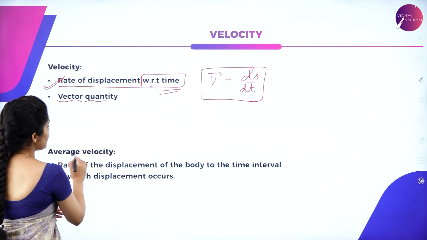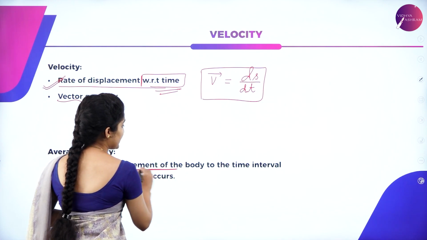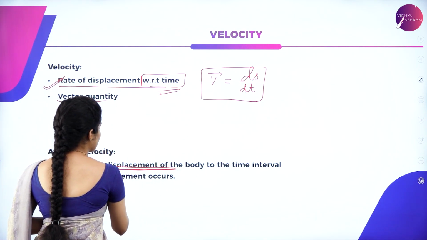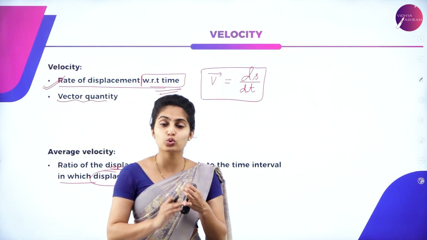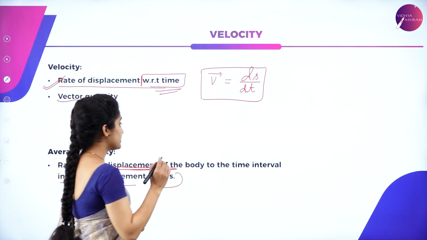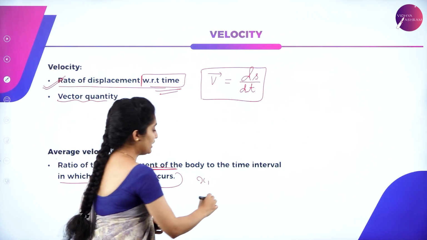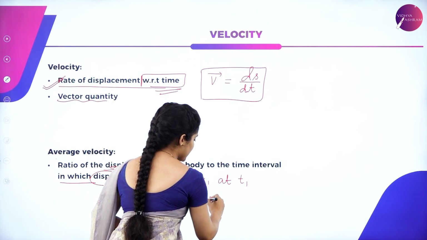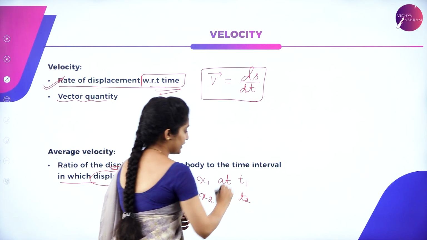Next is average velocity. For average velocity, it is the ratio of the displacement of the body to the time interval in which the displacement occurs. Here we consider two displacements with respect to a certain interval of time. Suppose the body is at displacement x1 at time t1 and at displacement x2, the final position, at time t2.